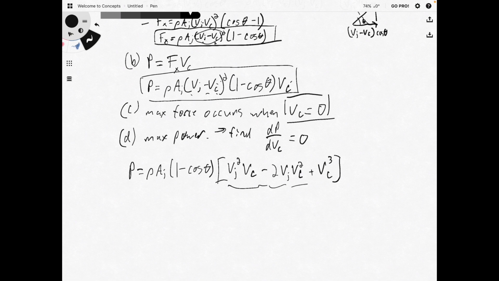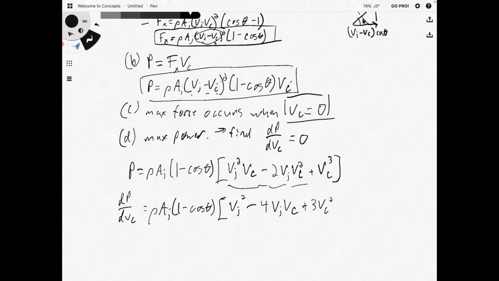And so we're going to have dP/dVc is equal to rho Aj times 1 minus cosine of theta times the derivative of this with respect to Vc, which is Vj squared minus 4 Vj Vc plus 3 Vc squared.